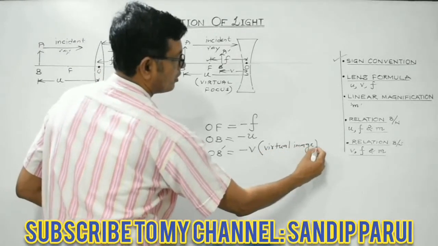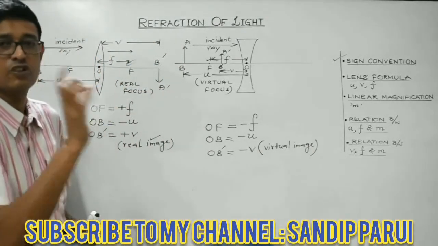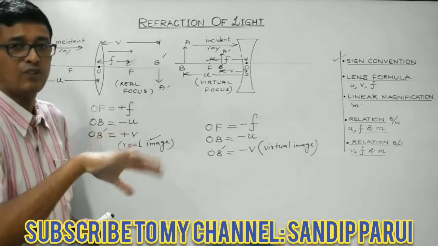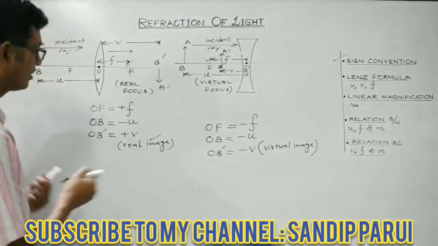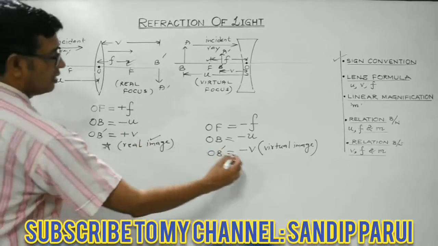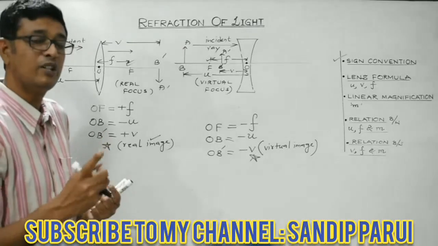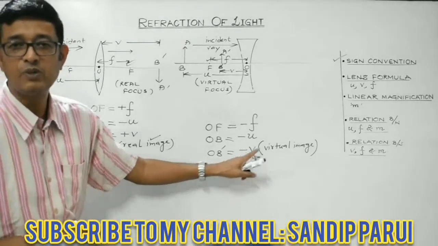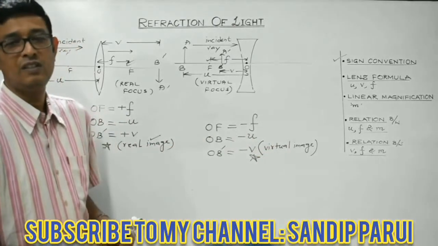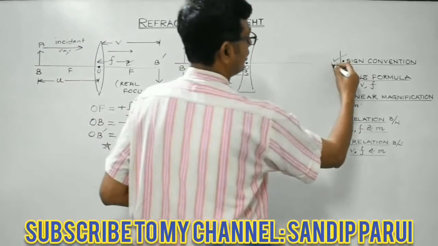By observing the sign of V, whether negative or positive, you can predict the nature of the image. Students, this is a key point. In the case of lenses, if V is positive, then the image must be real. In case V is negative, then the image must be virtual. So this is about the sign convention.